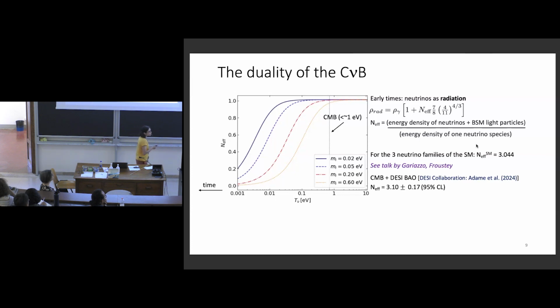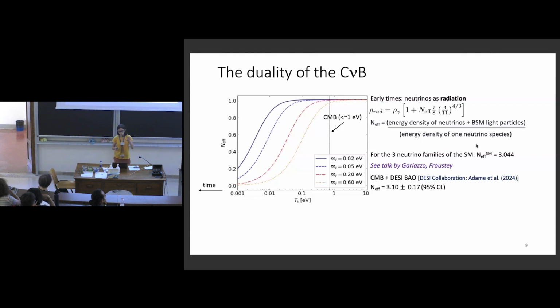And for 3 neutrino families, so in the standard model, if you don't have any beyond the standard model light relics, so there are no light sterile neutrinos and so on, no axions and so on, this N_eff is equal to 3.044.